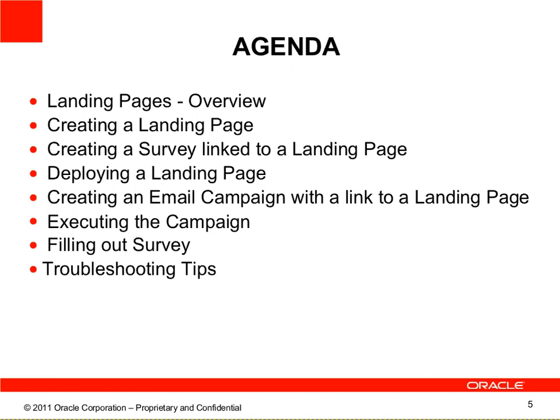We will start with an overview of landing pages. We will go through the process of creating a landing page, a survey that we will link to the landing page, how to deploy a landing page, and how to create an email campaign that will have a link to a landing page.